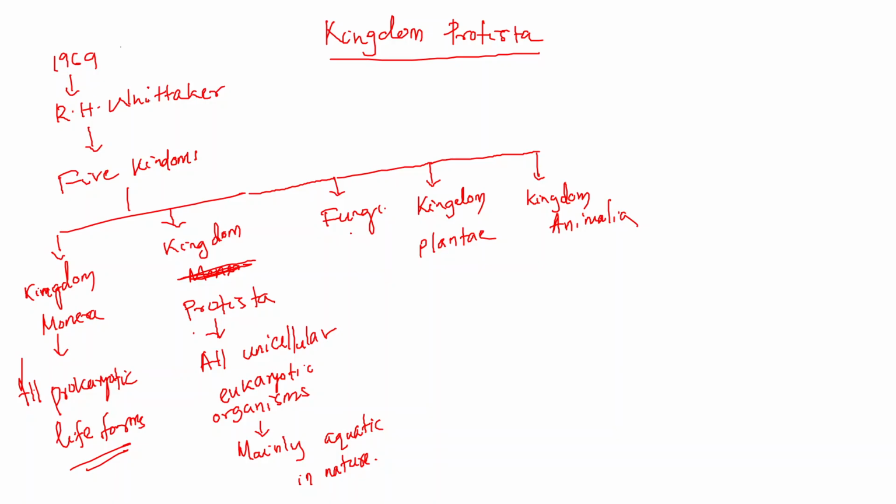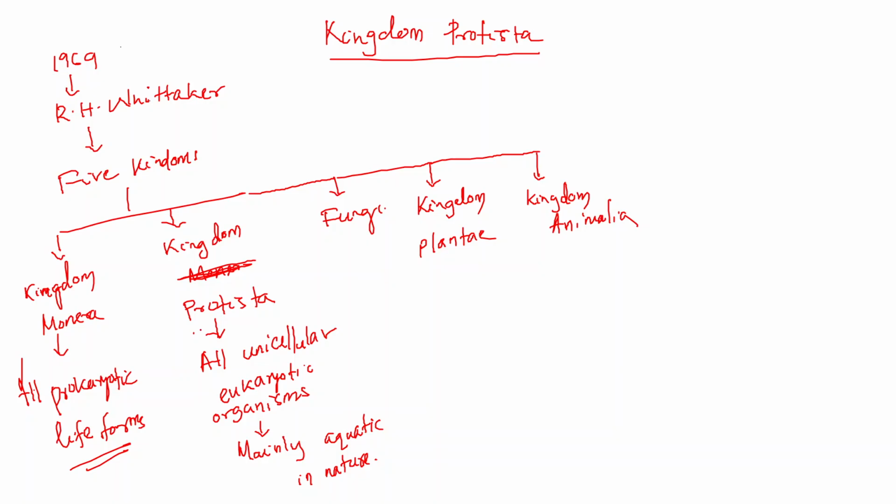In kingdom Monera, all prokaryotic organisms are placed. But in the other four kingdoms we notice eukaryotic organisms, meaning from kingdom Protista to kingdom Animalia all the organisms are eukaryotic in nature.